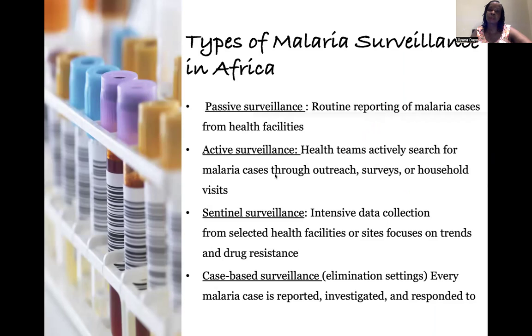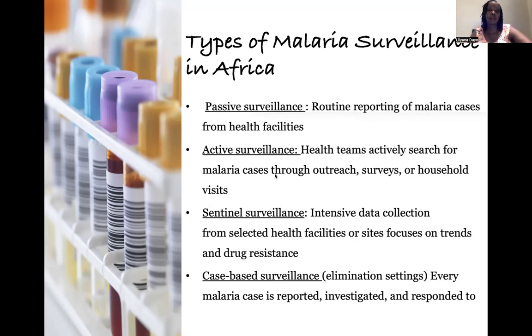We have the passive surveillance, where routine reporting of malaria cases from health facilities is used. For instance, we could have the IDSR, which is the Infection, Disease, and Surveillance Response System, or the DHIS, which is very common in most of the African countries, which is District Health Information Software, a platform for collecting, analyzing, and interpreting data.